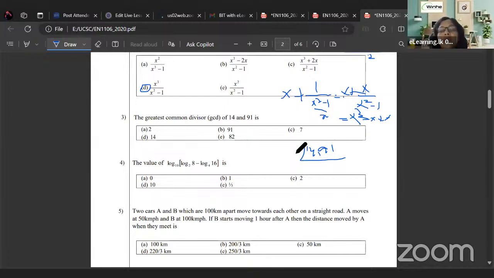So you consider here, you can divide this by 7, no? If you divide it by 2 for the 14, and 13 for the other one.